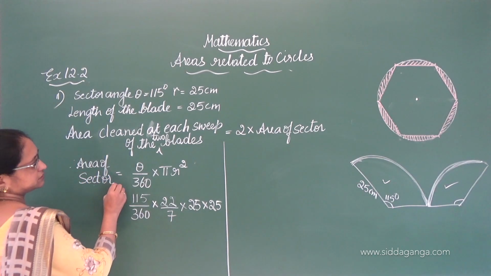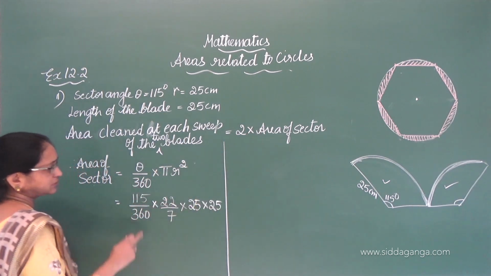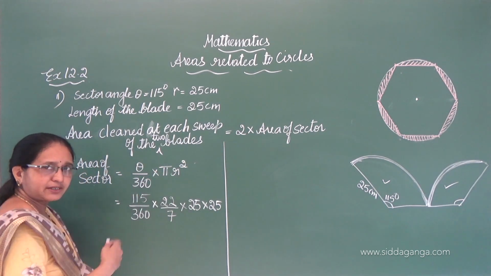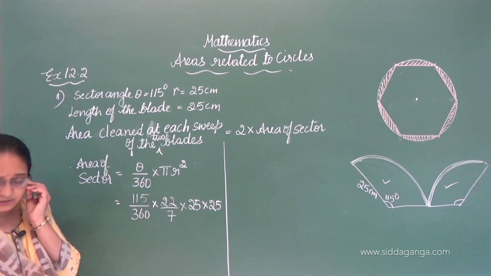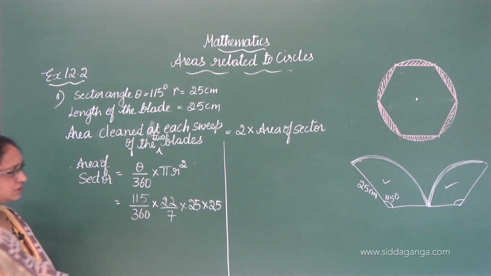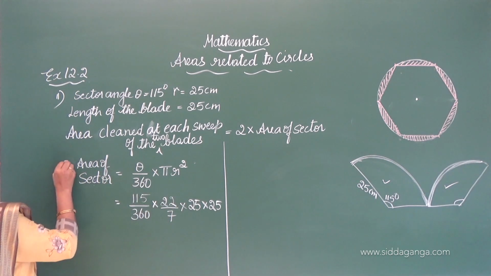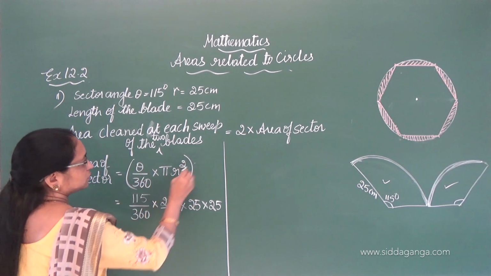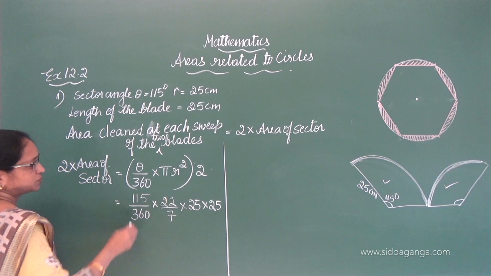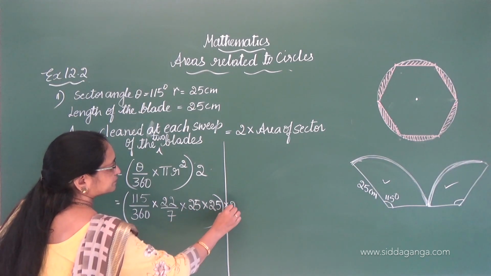Okay, area of sector. So 2 into, when you want to do, you have to multiply this whole thing by 2. Later on we can do it. Or it is better to write 2 into area of the sector. Therefore this whole thing will be multiplied by 2.